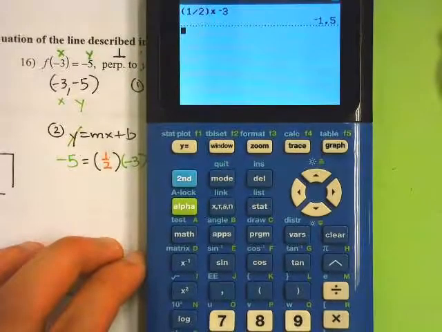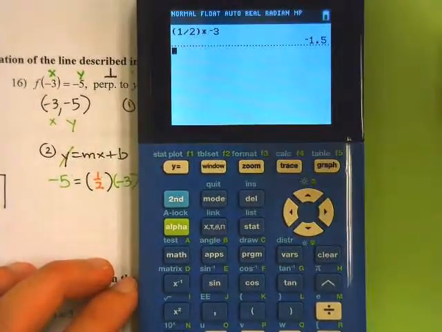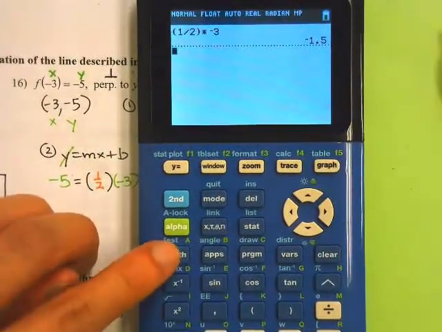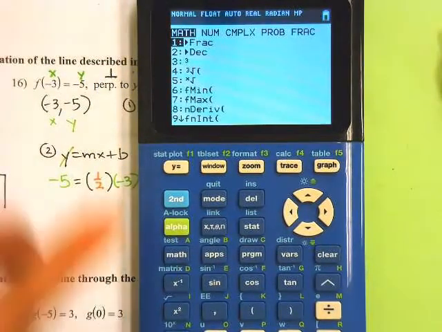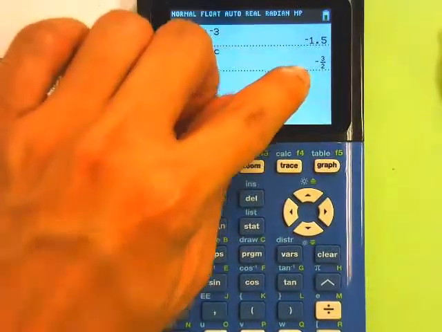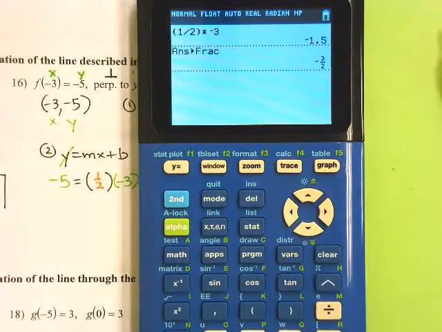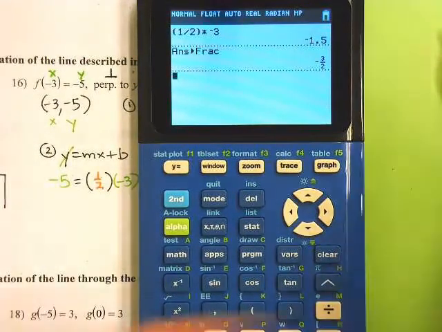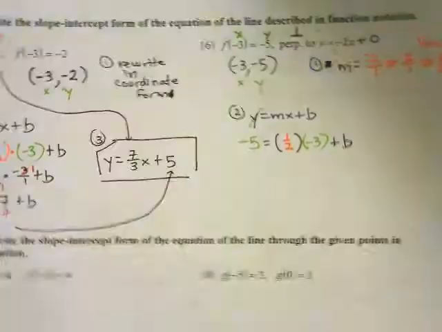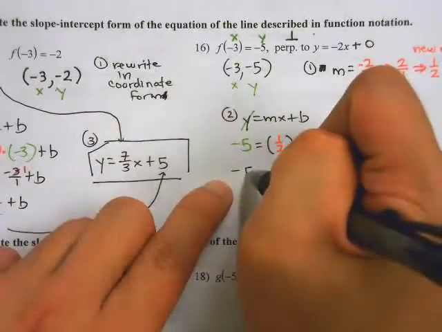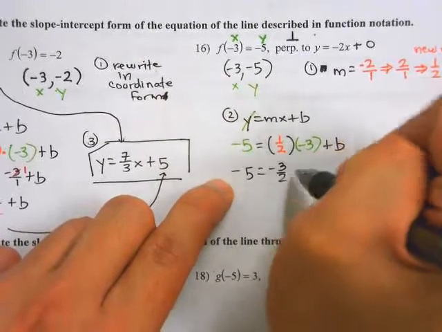Students, do you guys remember how to change this back to a fraction? Math, good, and then enter and enter. So negative 3 over 2, okay? I think that's also going to help you guys out in the harder problems that you guys will face. So negative 5 is equal to negative 3 over 2 plus b.